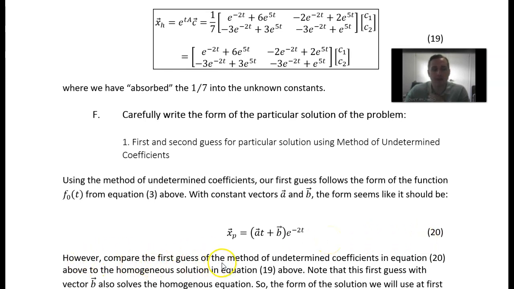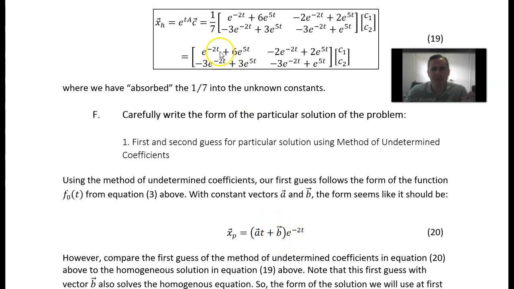However, if you compare the first guess in equation 20 above to the homogeneous solution in equation 19 above, the first guess, especially as it goes along with vector b, solves the homogeneous equation. What do I mean by that?